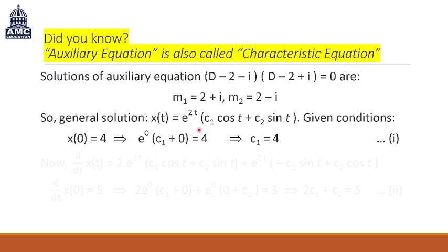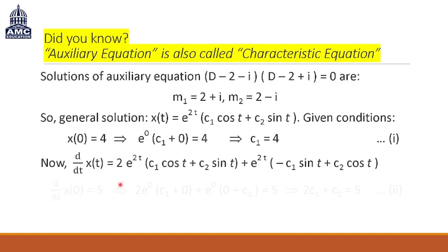And then we differentiate this particular expression, dx/dt, because we need to substitute t equal to 0 and dx/dt equal to 5. That differentiation gives us a pretty long expression, but it's very easy to understand and remember, because what we have done here is use the uv rule. First we keep c1 cosine t plus c2 sine t as constant and find the derivative of e power 2t, which is 2 times e power 2t, plus e power 2t is kept as it is, and we differentiate whatever is inside the bracket.